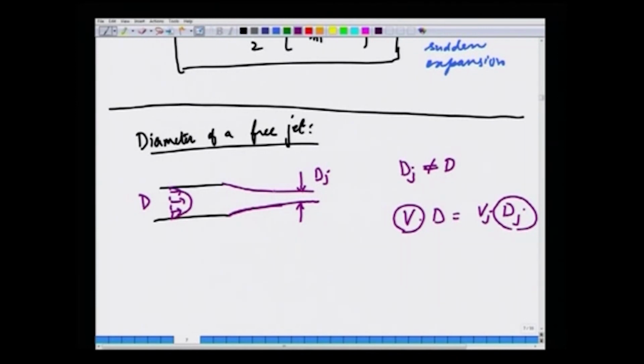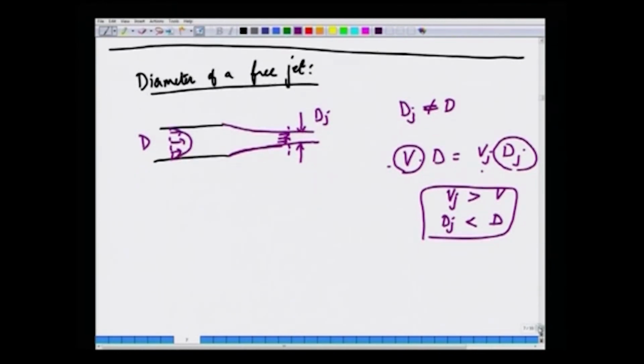So, V jet will be greater than V, therefore, D jet will be smaller than D, to satisfy this mass conservation condition. So, D jet is in general smaller than D, and usually, as I have told you on several occasions before, whenever you have a free jet, the velocity is uniform across the cross section of the jet.